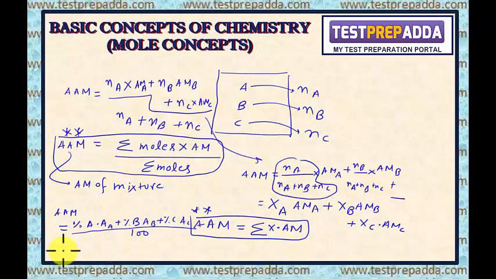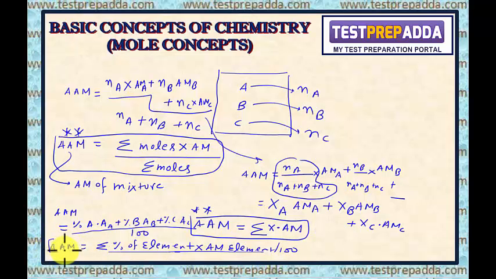My point is clear. So in a generalized manner, average atomic mass will be the summation of percentage of the element into atomic mass of the element upon 100.